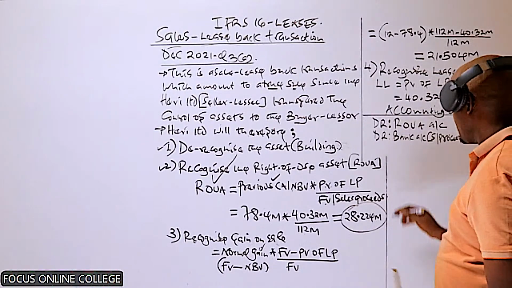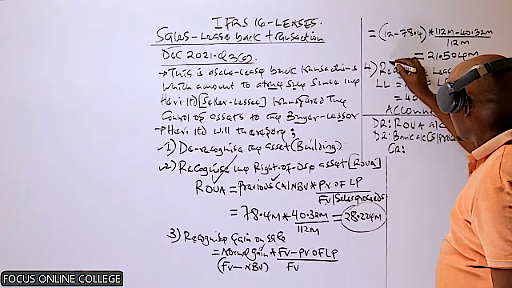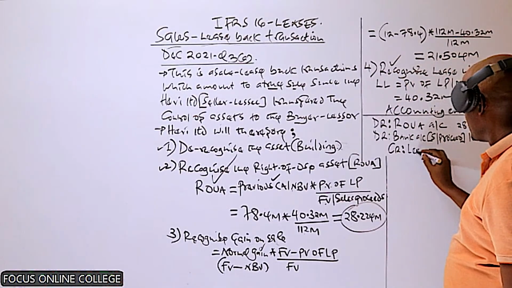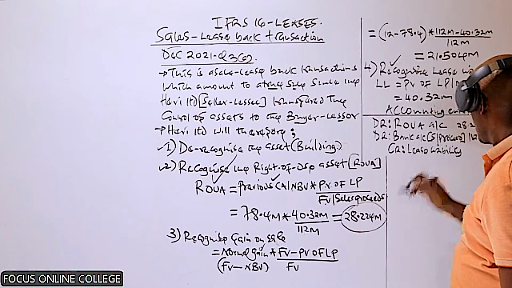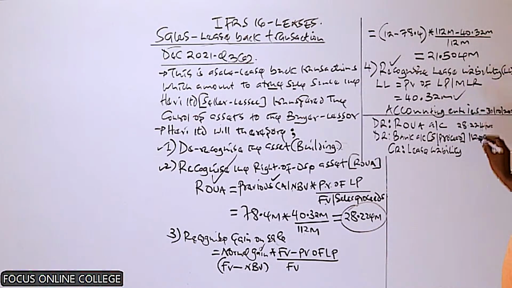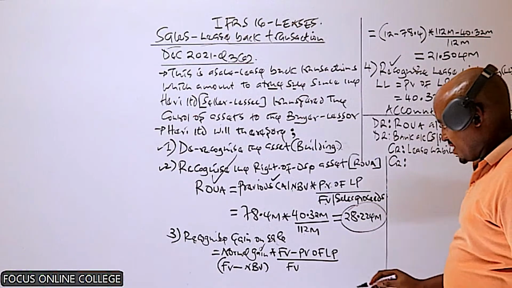Then we proceed and credit a number of accounts. The first account to be credited is the lease liability, with this amount, 40.32 million, because this is a liability in the books of this company. Number two, this company will also credit the income statement.